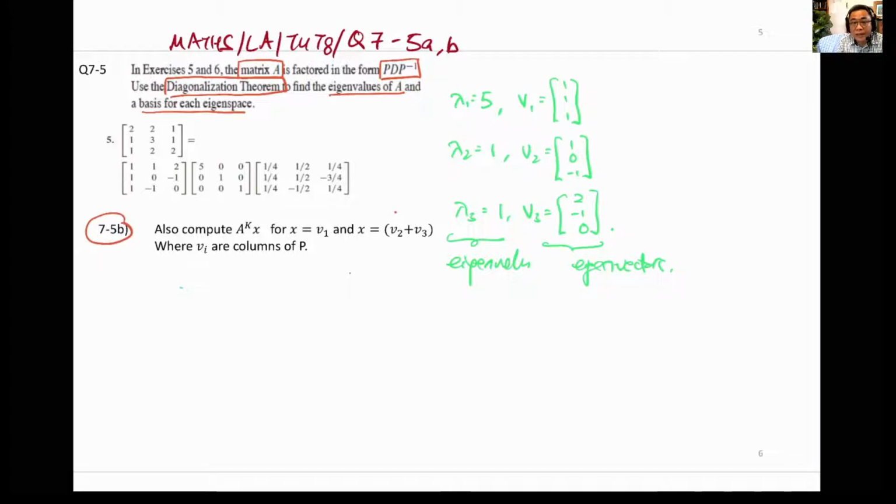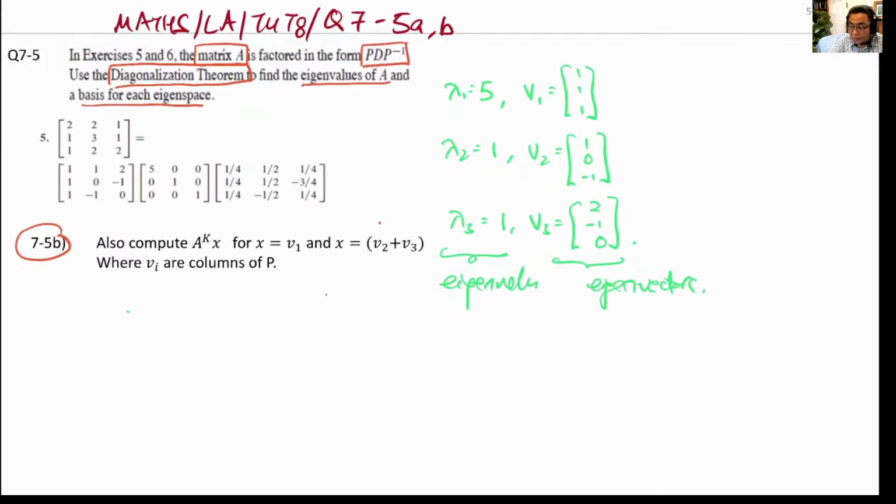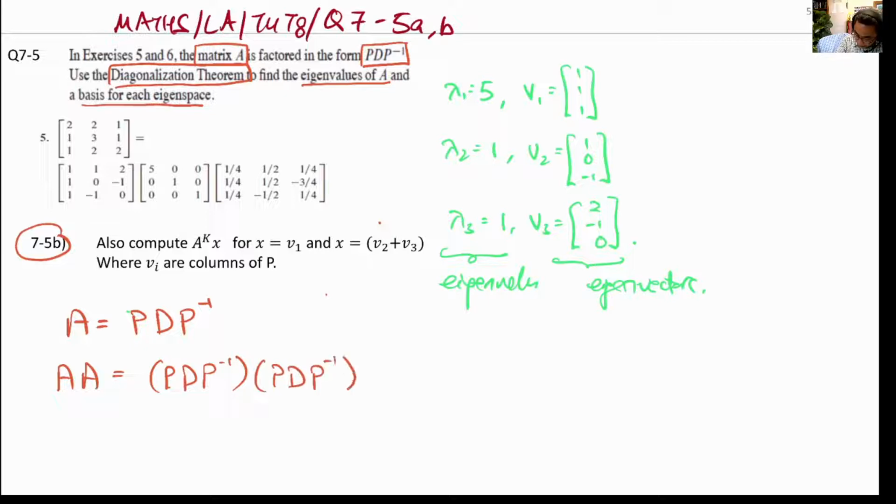Typically, when we can diagonalize a matrix, we wish to compute the matrix power A to the power of k. Let us put A as PDP minus 1. What about A times A? This is PDP minus 1 multiplied by PDP minus 1.